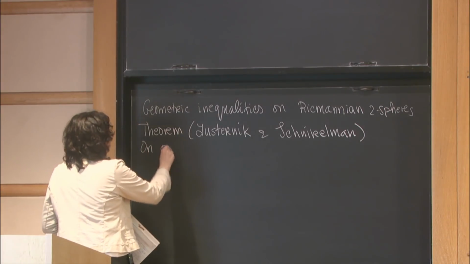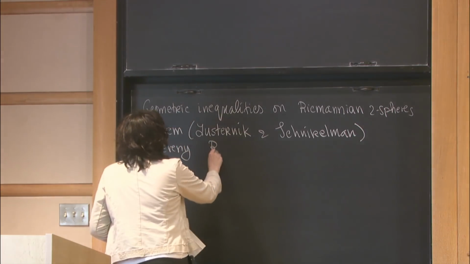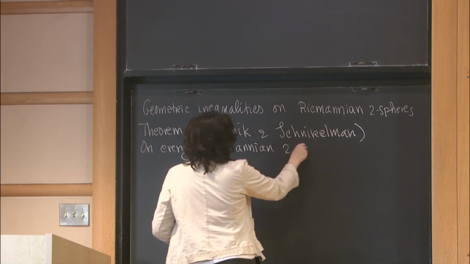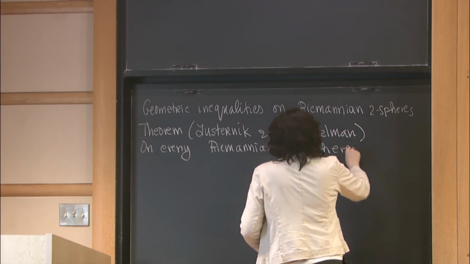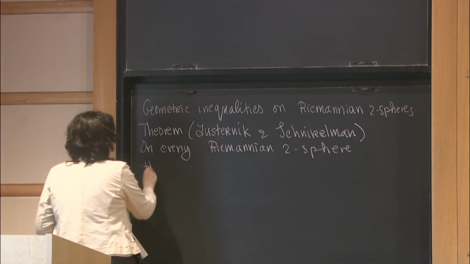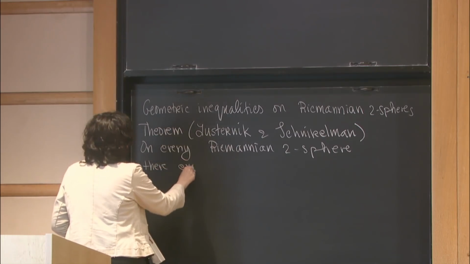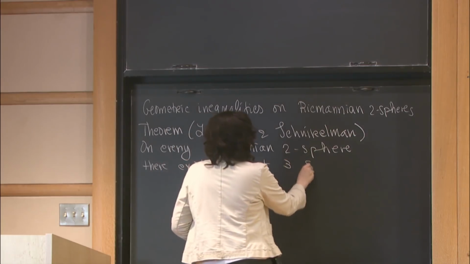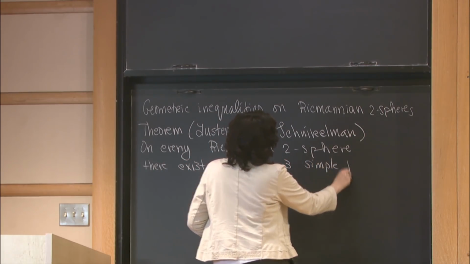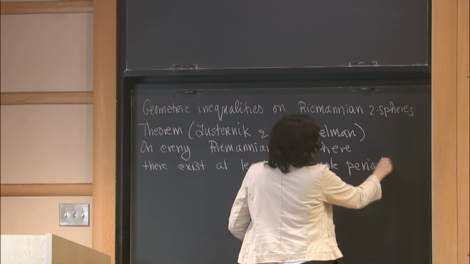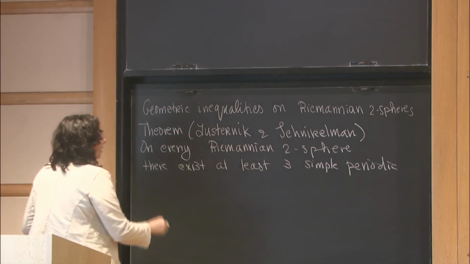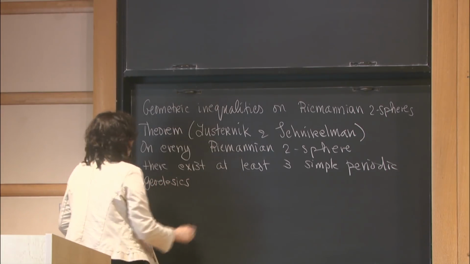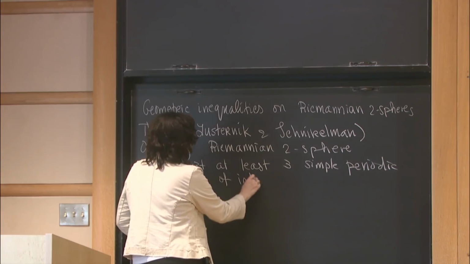On every Riemannian two-sphere, there exist at least 3 simple periodic, of course not trivial, geodesics of index at least 1.